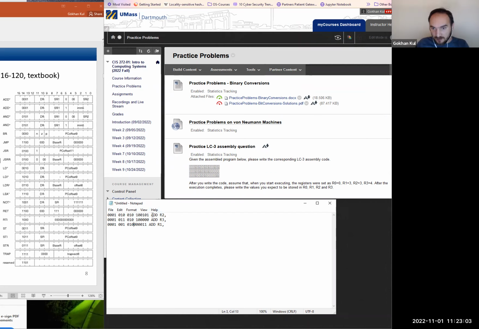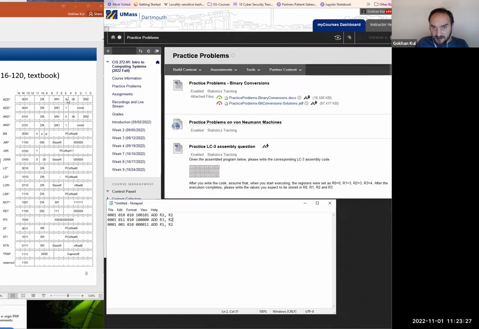When I look at the second set of 3 numbers, I see R2 for all of these. So I'm just going to write R2, R2, R2.